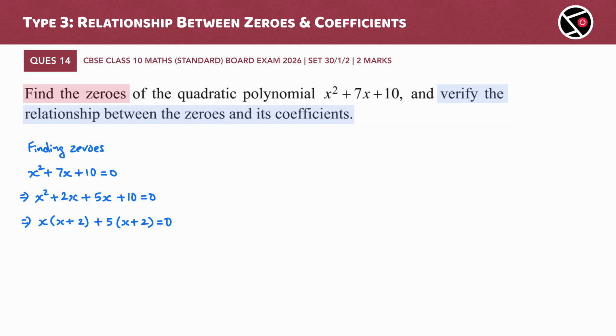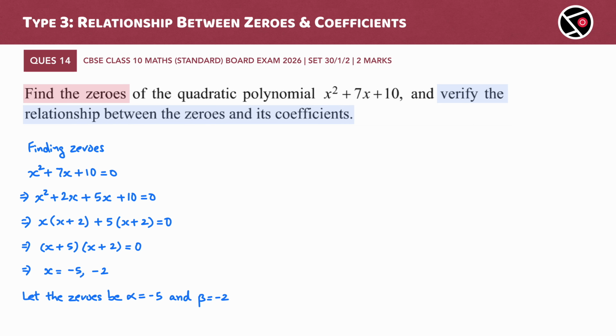Now pull out x plus 2 and we have (x plus 5)(x plus 2) equals 0. X equals minus 5 or minus 2. We call the zeros alpha and beta. We are done with the first step.